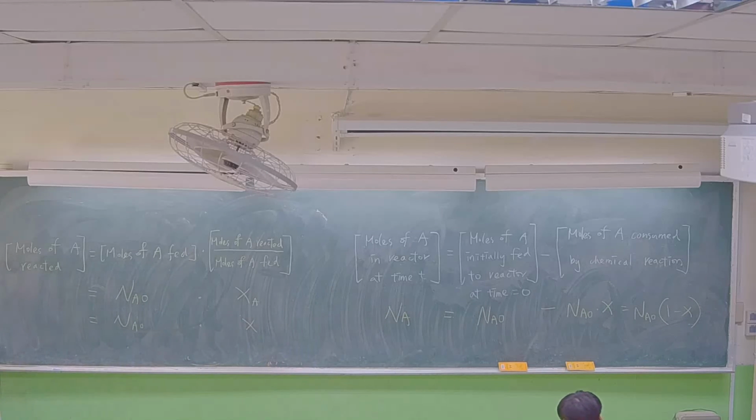Na is equal to Na0 times 1 minus X. We use this relation to put the X in characteristic equation.